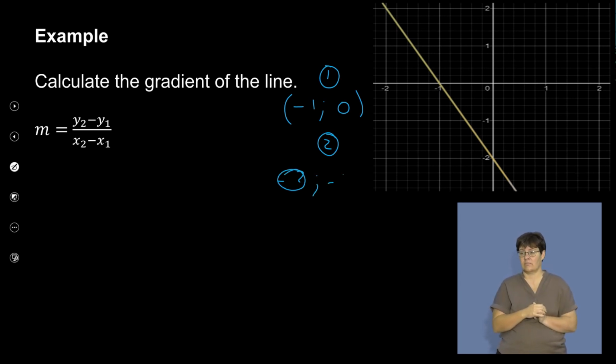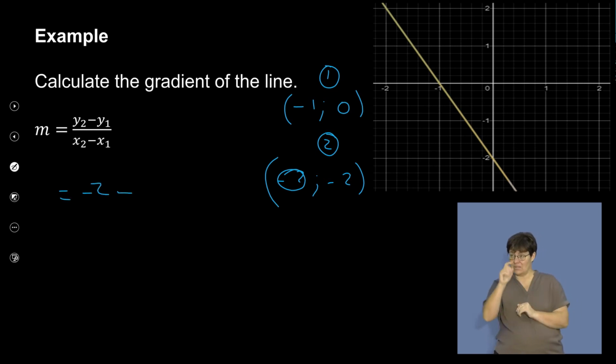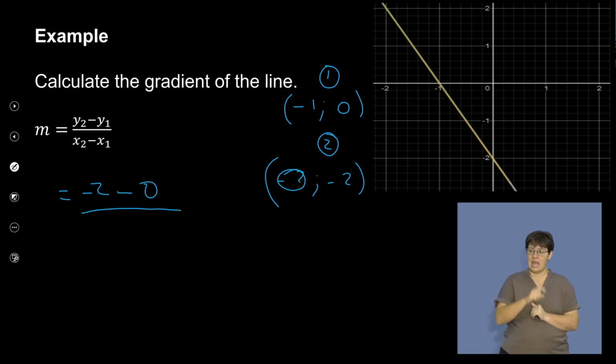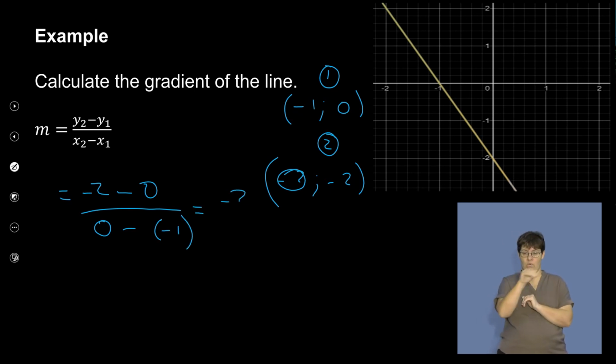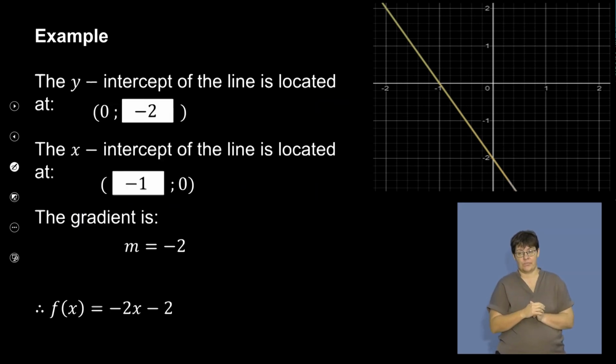So y2 is going to be -2 minus 0, which is y1, over x2, which is 0, minus -1. So -2 minus 0 is just -2 over 0 minus -1 will be +1. So this will just be -2. So my m will be equal to -2.